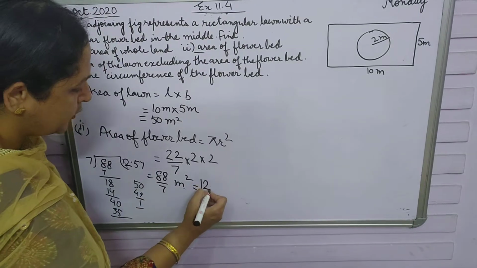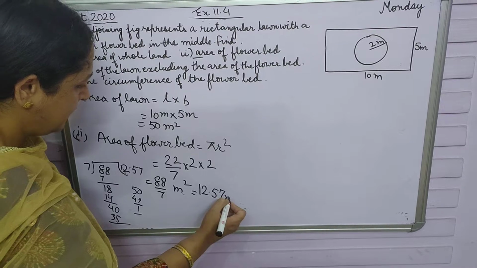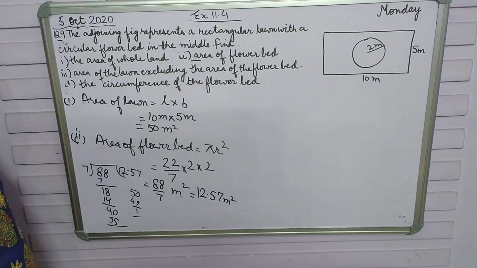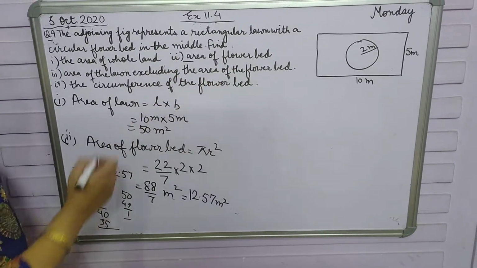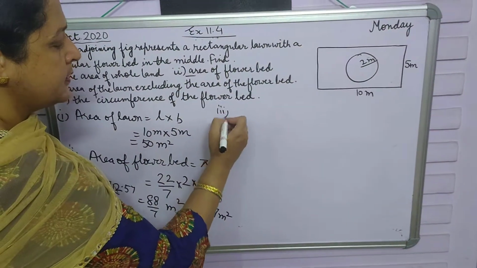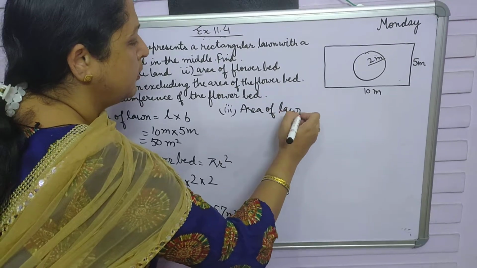So let us take it approximately equal to 12.57 meter square. Now the third part is area of the lawn excluding the area of the flower bed.